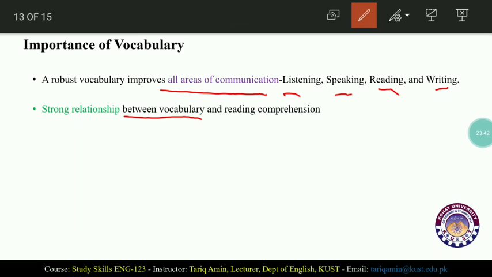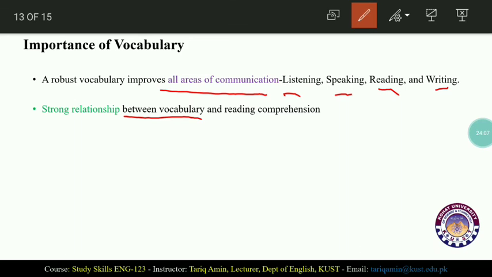So vocabulary is very much important for reading comprehension. And it is also very much important for listening. If you don't know the words that a particular person is using, if you don't know the meaning of those words and the words are not familiar to you, you won't be able to get the ideas of the person that is speaking to you.